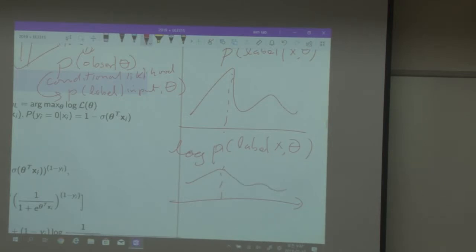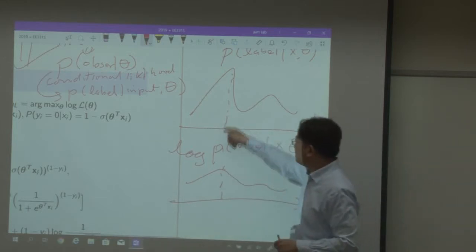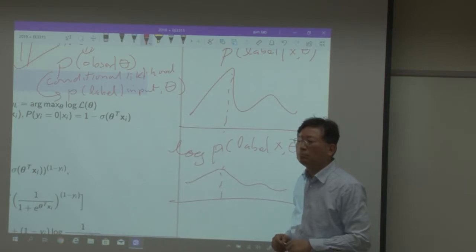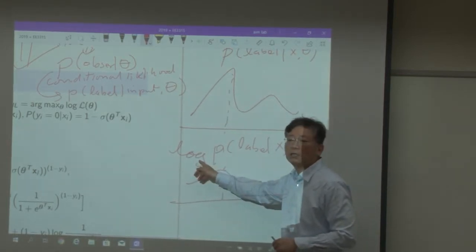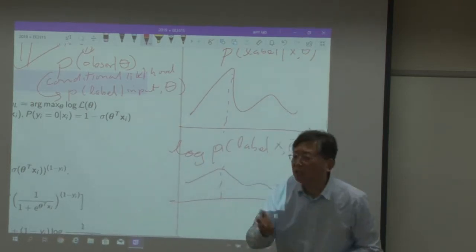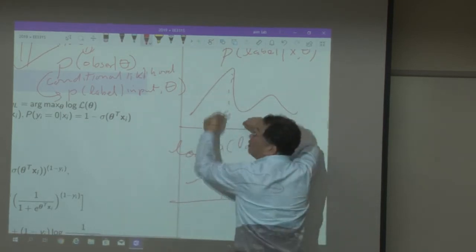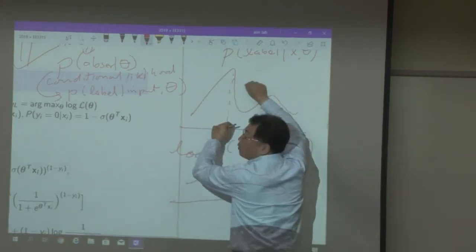Why does this happen? Why is it the same location where it's maximum? Yes, because the log is what? It's a monotonic increasing function. It's not going to make this one go up like that, right?